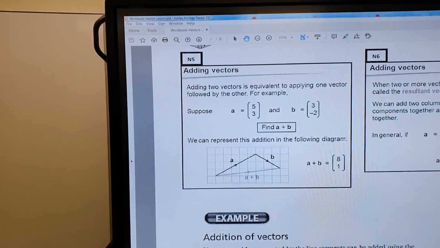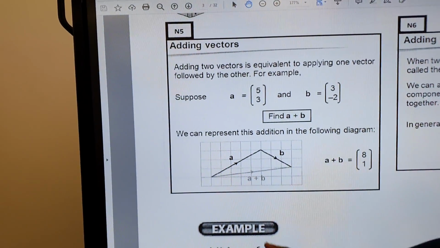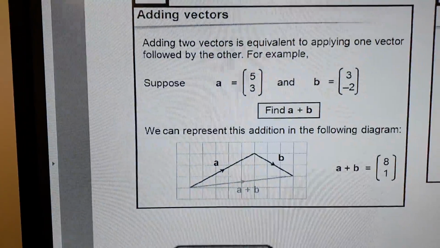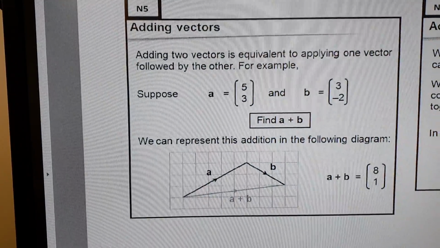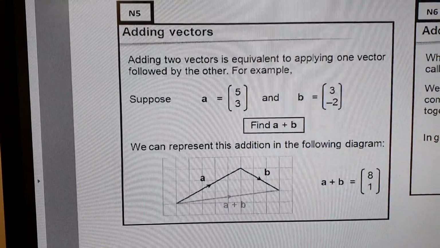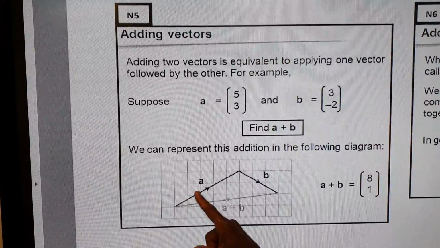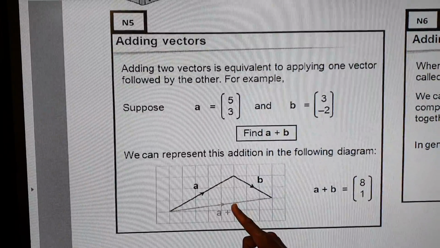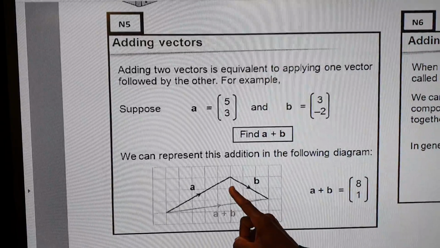So we can see, with A, we were told that the vector had coordinates 5, 3. I'll give you an indication. A is here. We have 1, 2, 3, 4, 5, then 1, 2, 3.